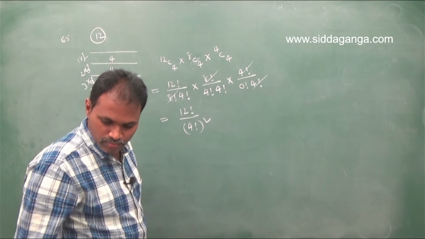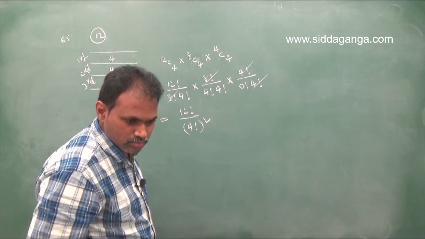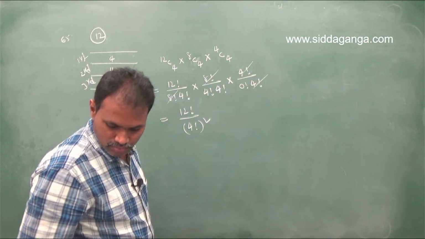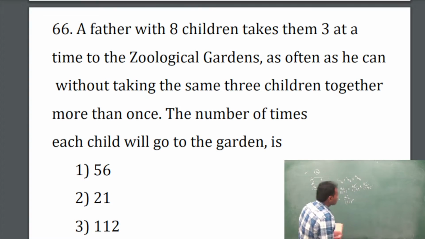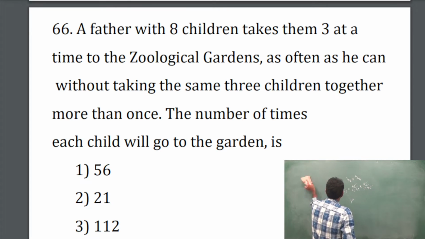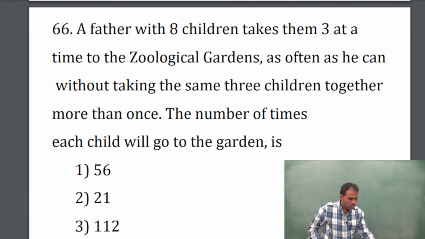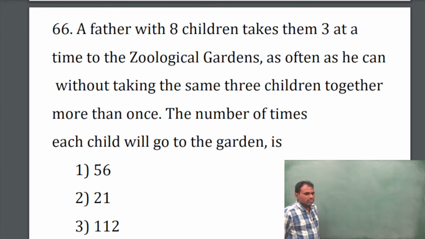Next question. Next problem. A father with 8 children takes them 3 at a time to the zoological gardens as often as he can, without taking the same 3 children together more than once.